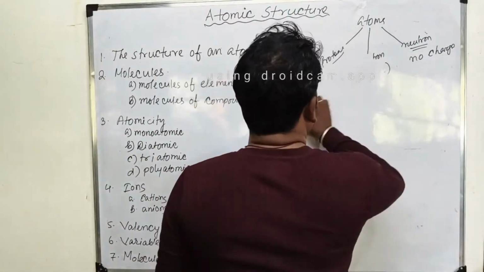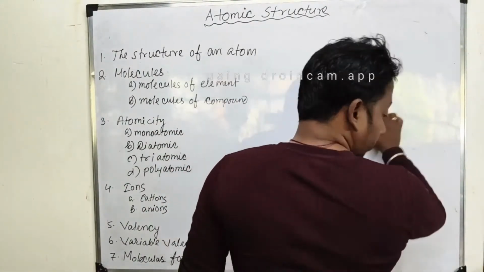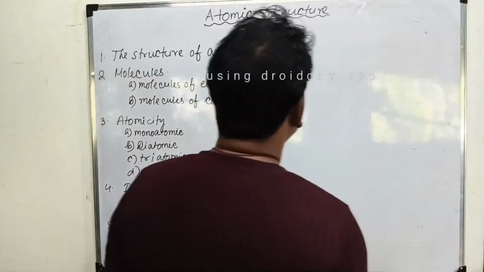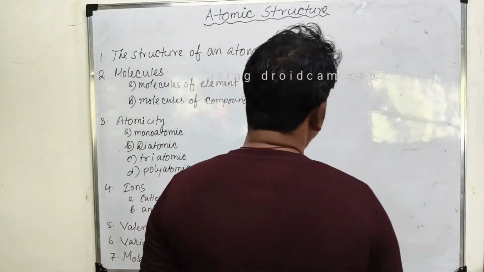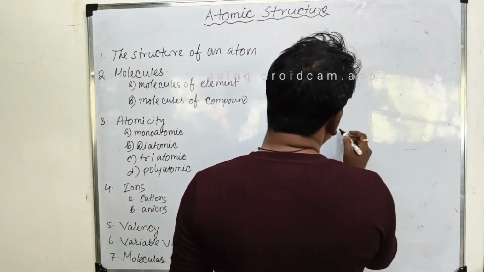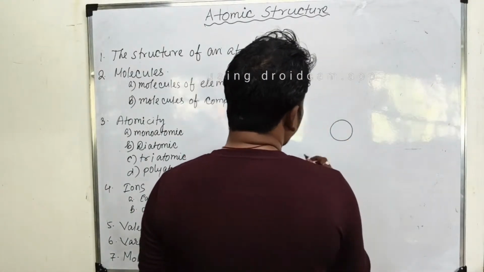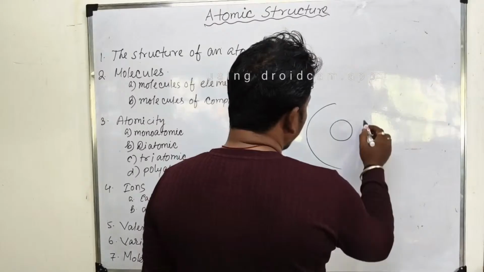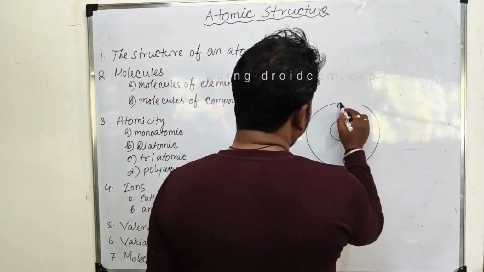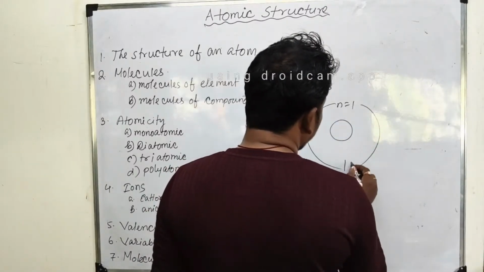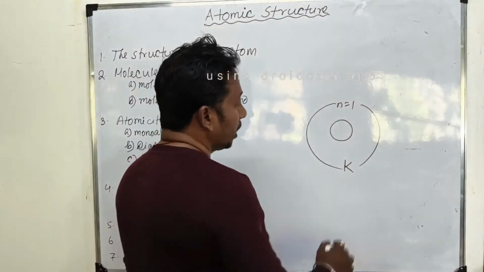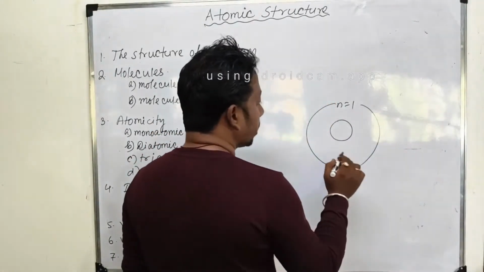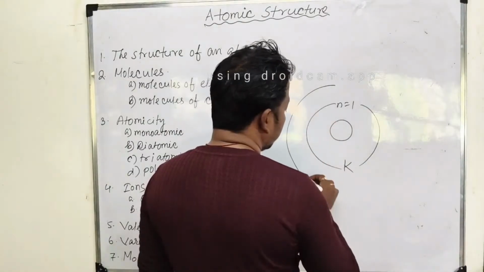Now, how many orbits does an atom contain? This is the nucleus, and the first shell has n equals 1, that is the K shell.